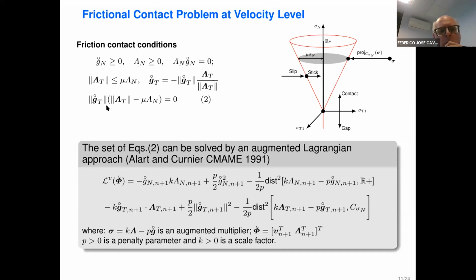Similarly, as before, the regularization of this frictional contact condition is solved by the augmented Lagrangian approach of Alart and Curnier. But the difference with respect to the position level is that here we use the Newton impact law for the normal and for the tangential movement.